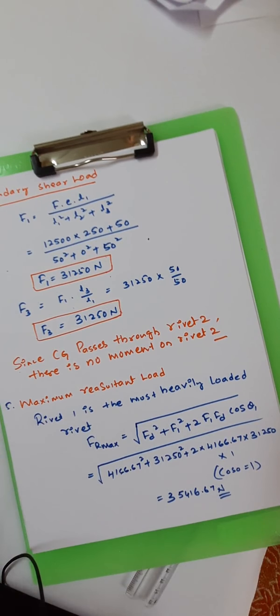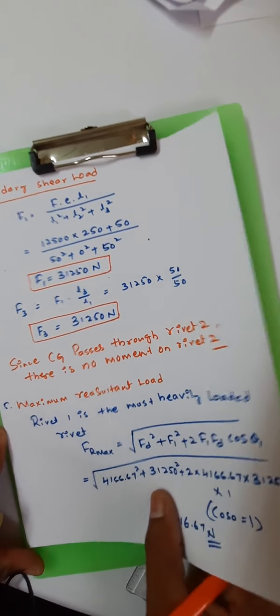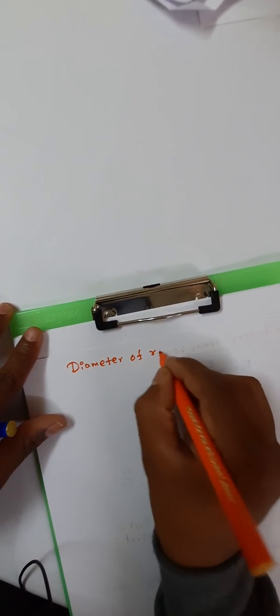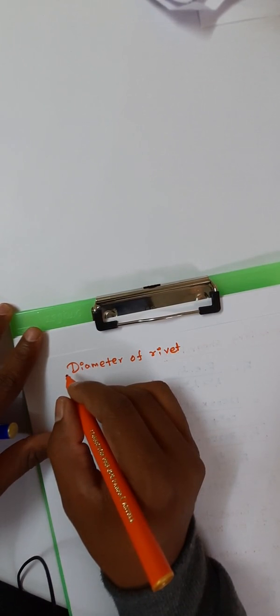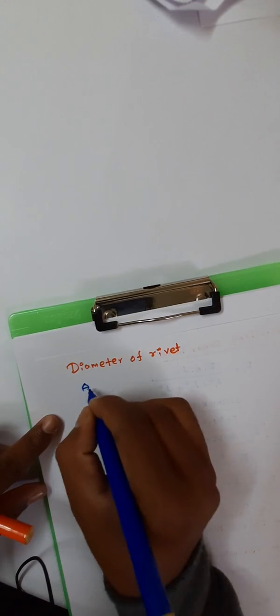Okay, from this we can find out the diameter of the rivet. Also, F R max, the resultant load, is equal to pi by 4 d square into tau.